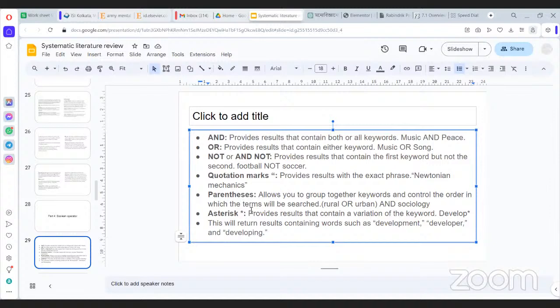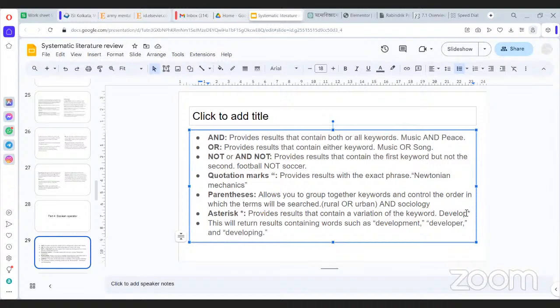So for the asterisk, we put that star symbol, sir? Yes, in the search engine you can write this star. For example, if you write child and then star, you will get children, childhood.